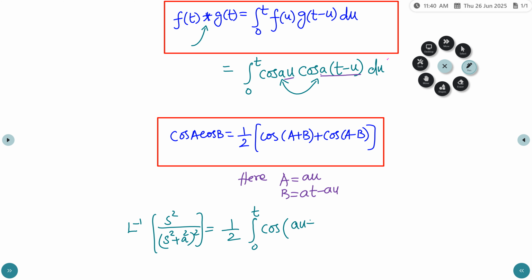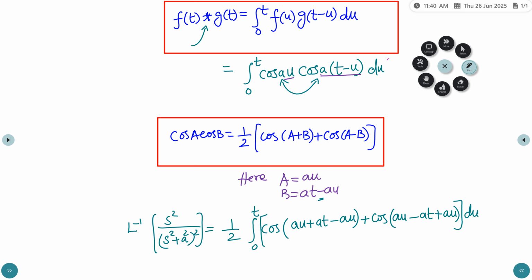A is au, and B is at minus au. Cos of A plus B, then plus cos of A minus B. A minus B is au minus at plus au, since minus into minus will be plus, so it will be plus au, over the integration into du.